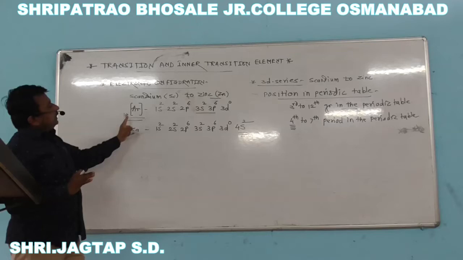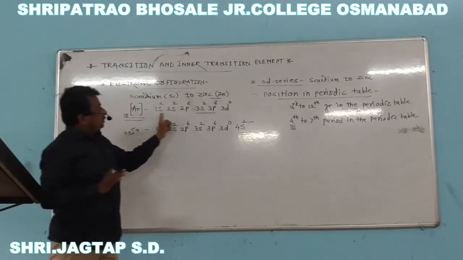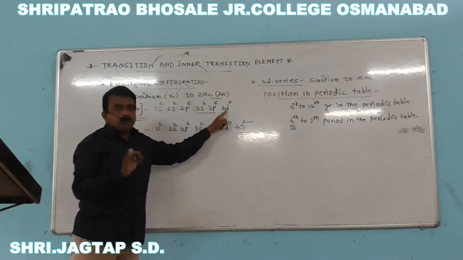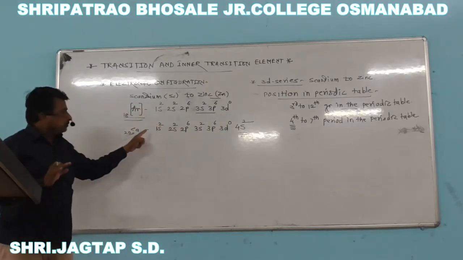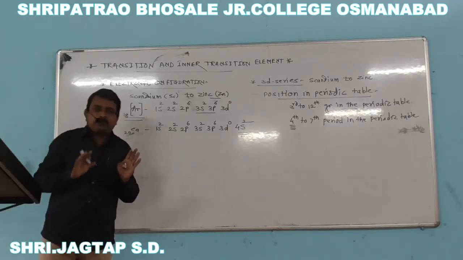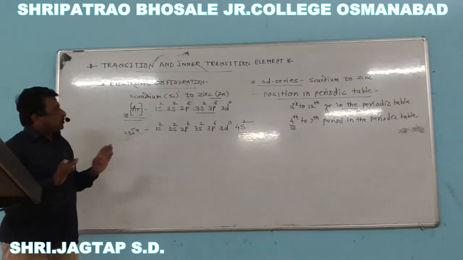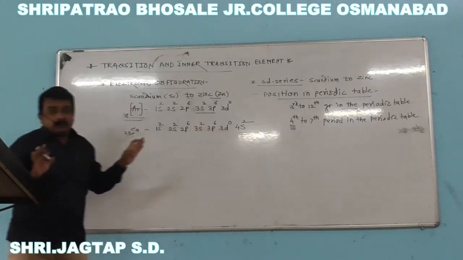Argon is the preceding element of the 3d series. It contains empty 3d orbitals. Calcium is an s block element placed in the fourth period in the periodic table, and it also contains an empty 3d orbital.